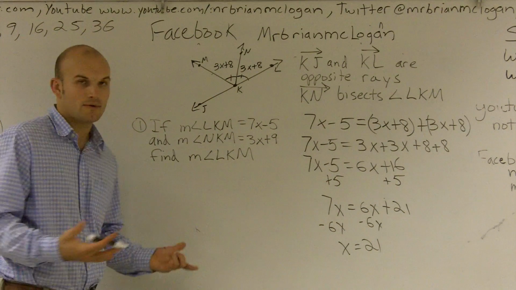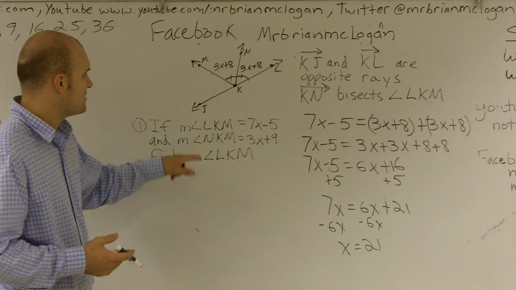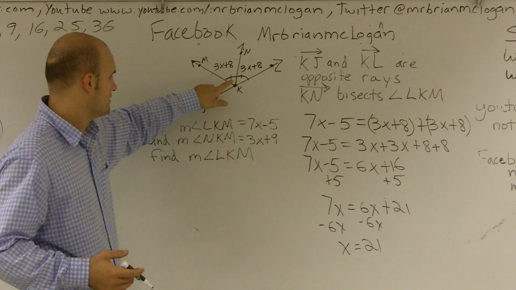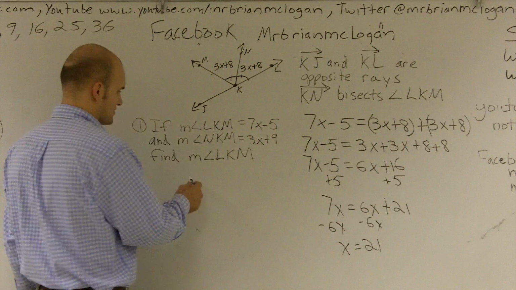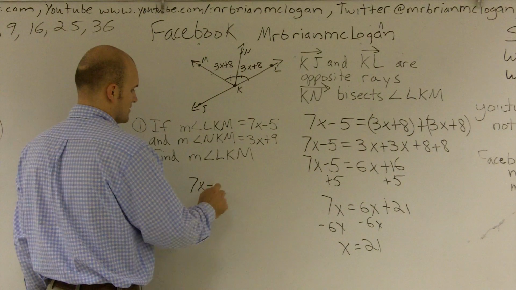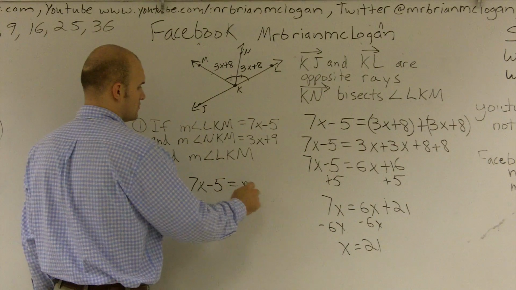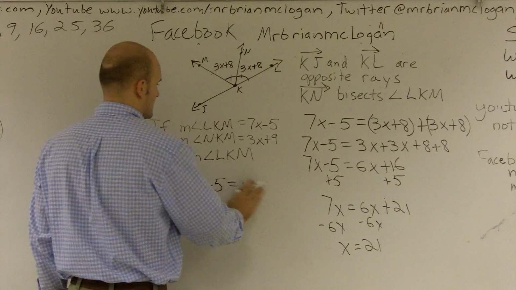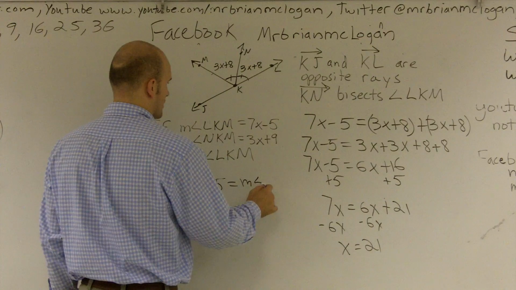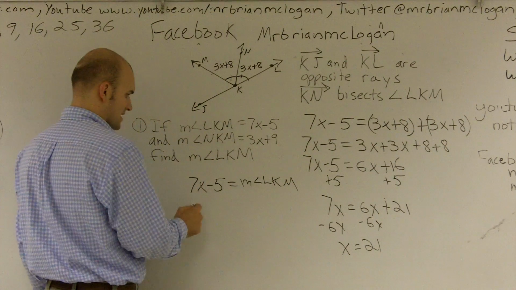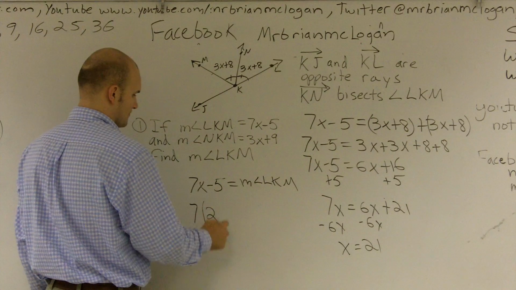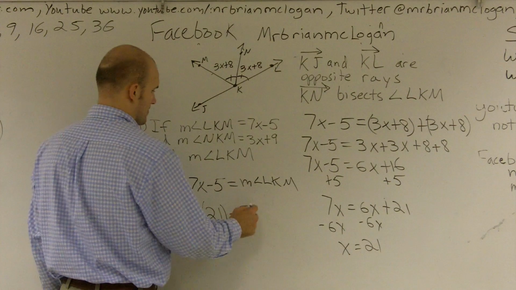So therefore, I know now what x equals. And it says, find the measure of LKM. So I know that LKM is 7x minus 5. So I can now write 7x minus 5 is equal to the measure of angle LKM. Well, I know what x equals now, which is 21, so 7 times 21 minus 5.